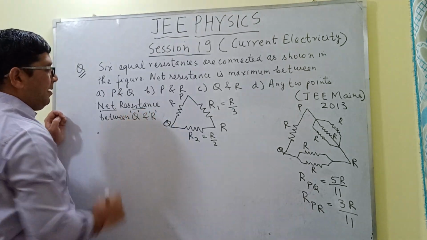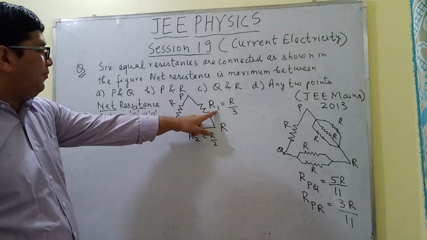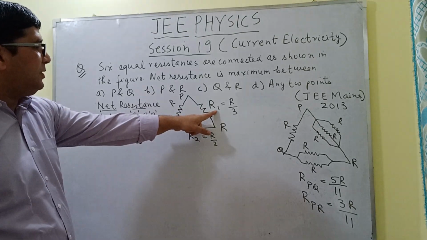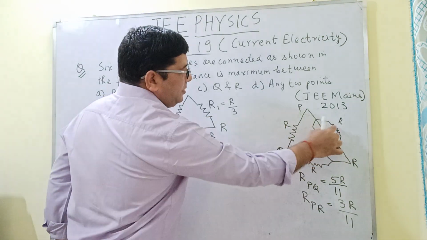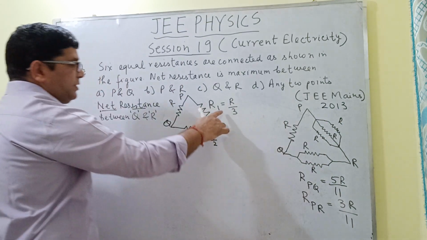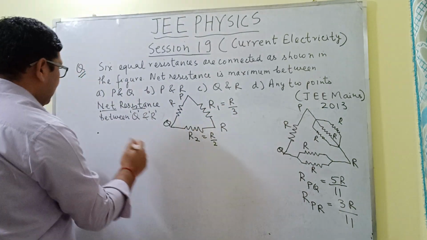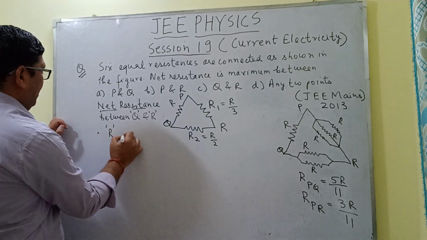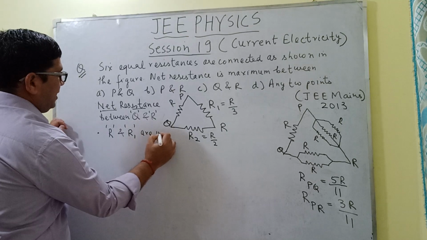So in this case, what will happen? This resistor R, and this R1 is the equivalent resistance of these three resistors, this and this. So which is equal to R by 3. So this R and R1, they are in series, that is R and R1 are in series.